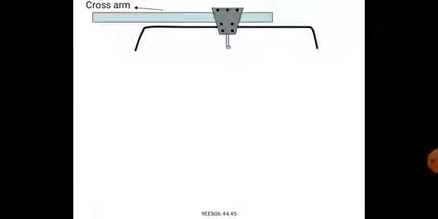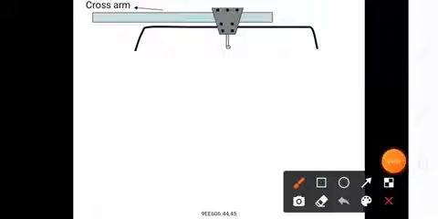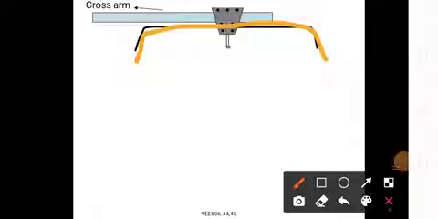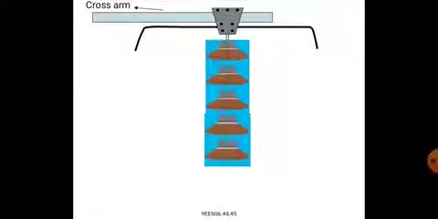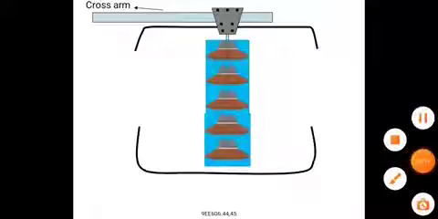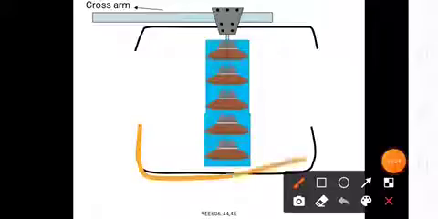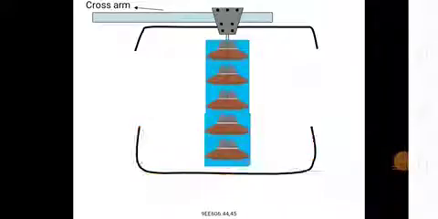Here this is the arcing horn at the top of the line. These are the string insulators. The bottom is called the guard ring. This is the conductor.